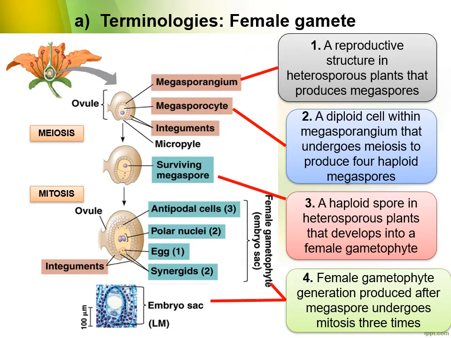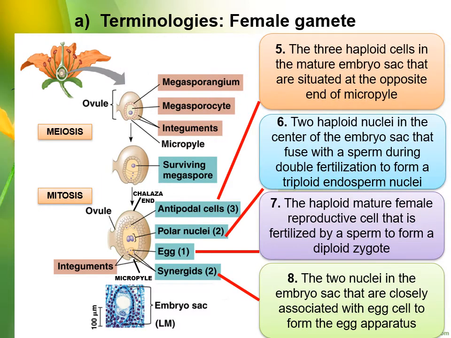So the fourth term is embryo sac. So embryo sac is a female gametophyte generation produced after megaspore undergoes mitosis 3 times. Number 5 is antipodal cells.